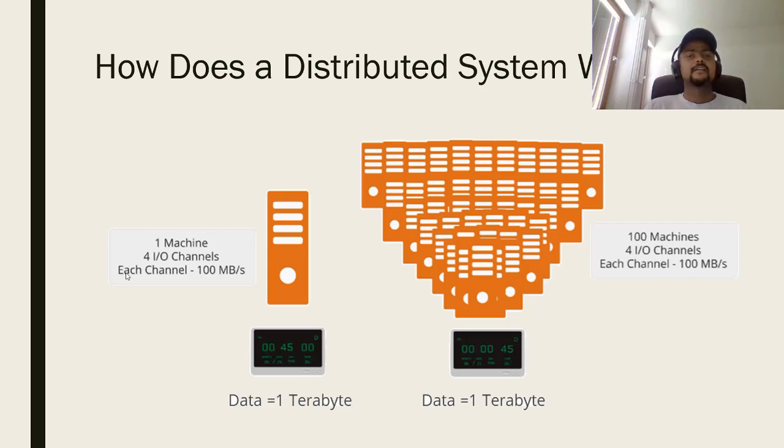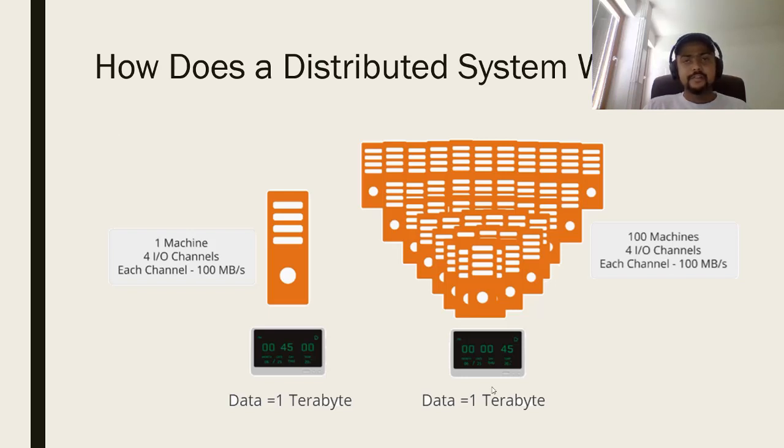So every second it can read and write 100 megabytes of data. And if the data is 1 terabyte, it is going to take probably 45 hours to process this whole data for the single machine. But what if I have 100 machines with the same capacity of 4 IO channels, and each channel has 100 MB per second of bandwidth available? In that case, I can process the same 1 terabyte of data in just 45 minutes.